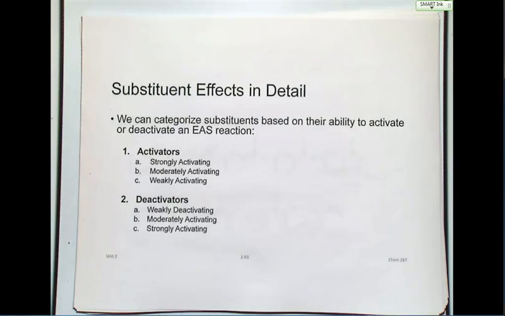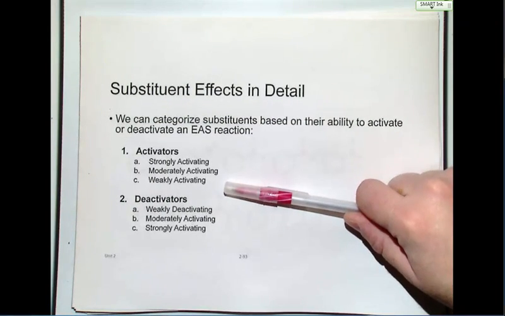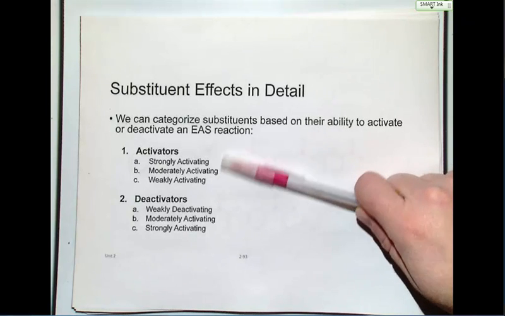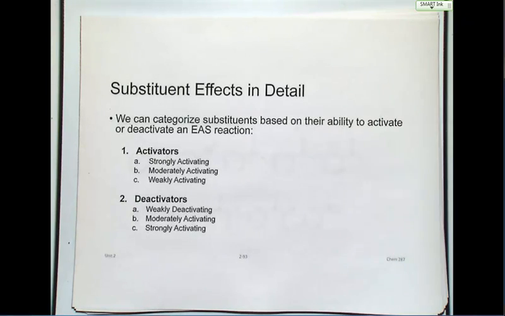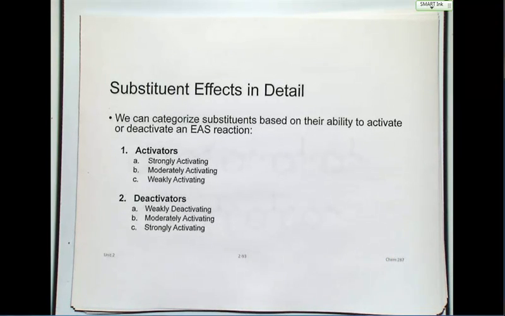Within each of those categories, there are subcategories. In activators, we have things that are really strongly activating, things in the middle, and things that are pretty weak. The same is true for deactivators, which can be strong or weak.